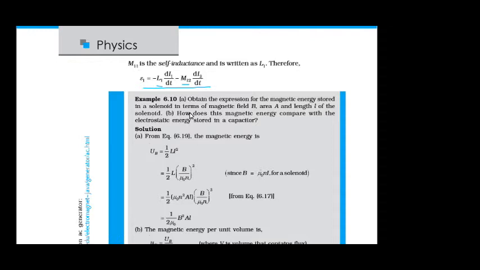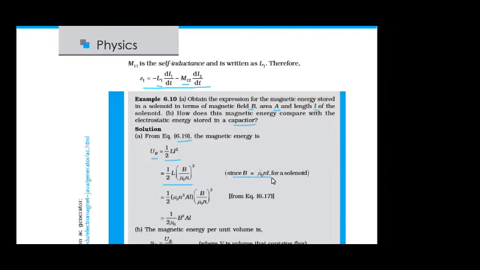Now let us see an example. 6.10 A. Obtain the expression for the magnetic energy stored in a solenoid in terms of magnetic field B, area A, and length L of the solenoid. How does the magnetic energy compare with the electrostatic energy stored in a capacitor? From equation 6.19, magnetic energy UB is half L i square, which is half L times B upon mu naught N, whole square.